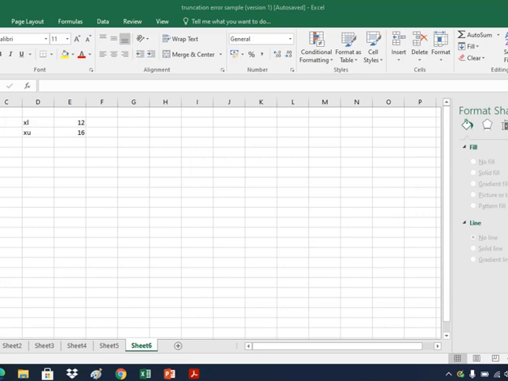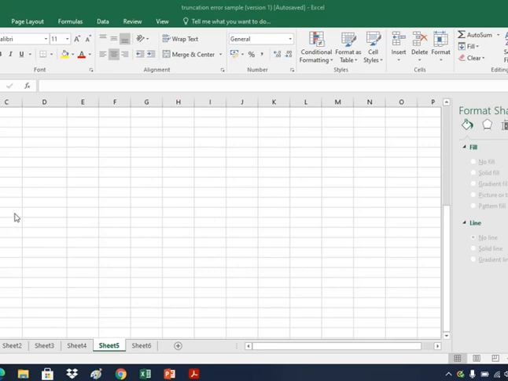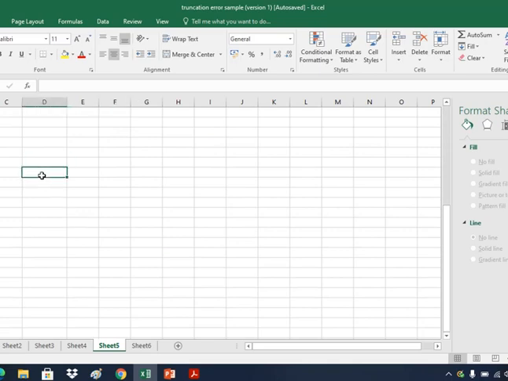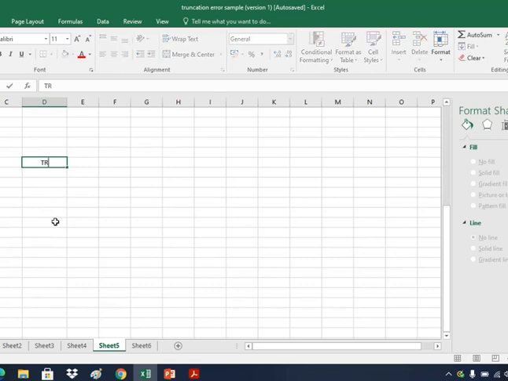Okay. And now we will compute step 2. First let's check if f of 12 times f of 16 must be greater than 0. So this is what we will do. First, let's try here. Let's add the number of trials.